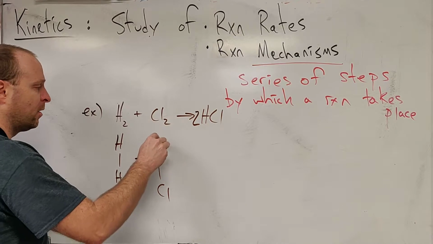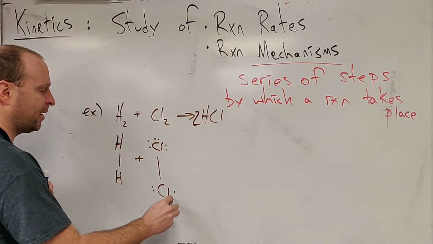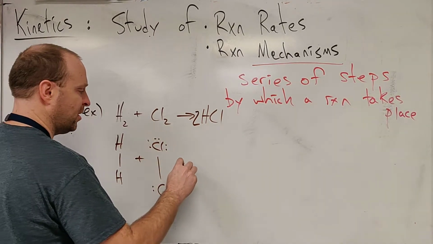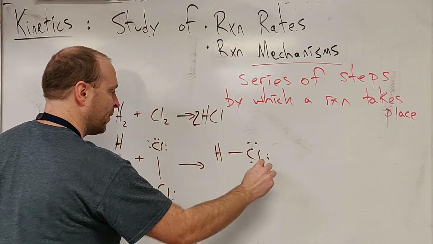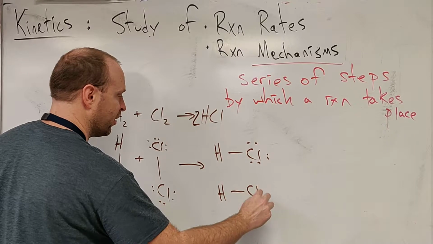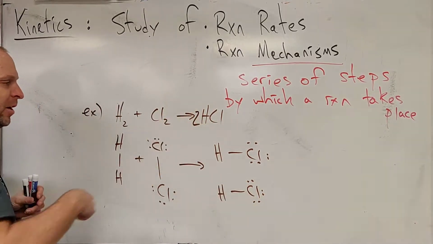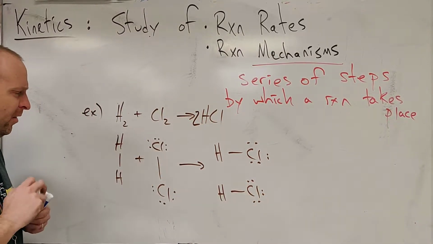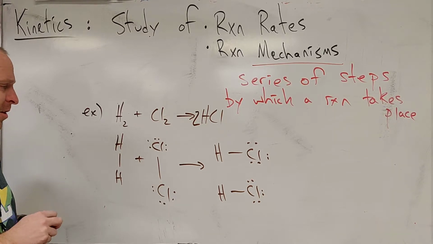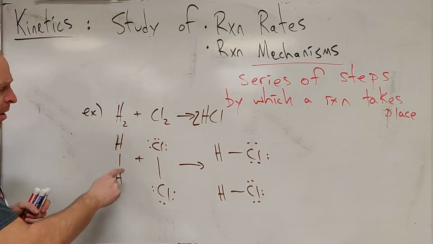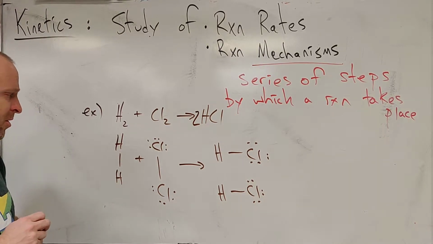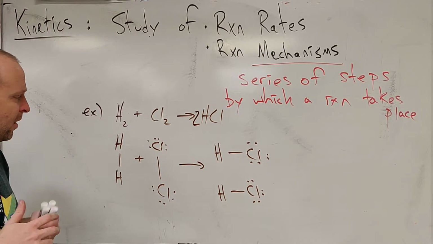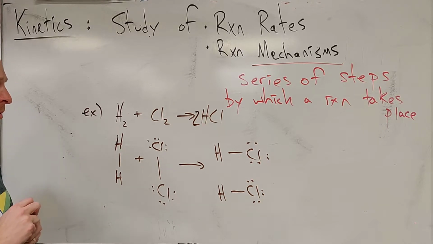So one diatomic chlorine, one diatomic hydrogen, and then this turns into hydrogen now bonded to the chlorine, and hydrogen now bonded to the chlorine. And whatever magic happened along the way. But the reality is there might be better ways to get things done. If this were a possibility, where you maybe have this in some high energy transition state or some other activated complex, it's pretty improbable though.